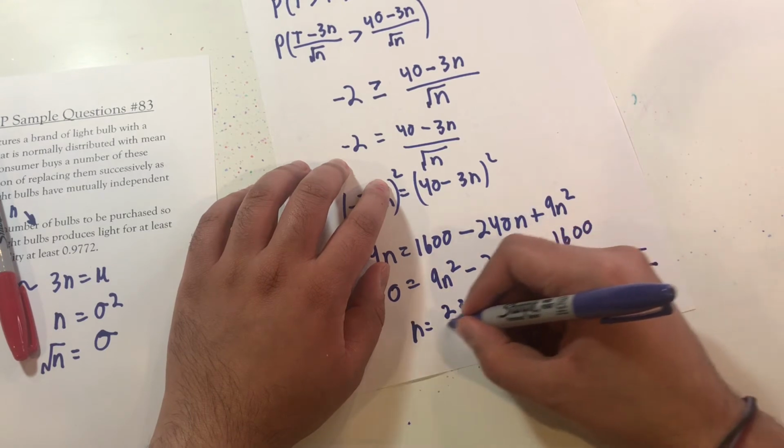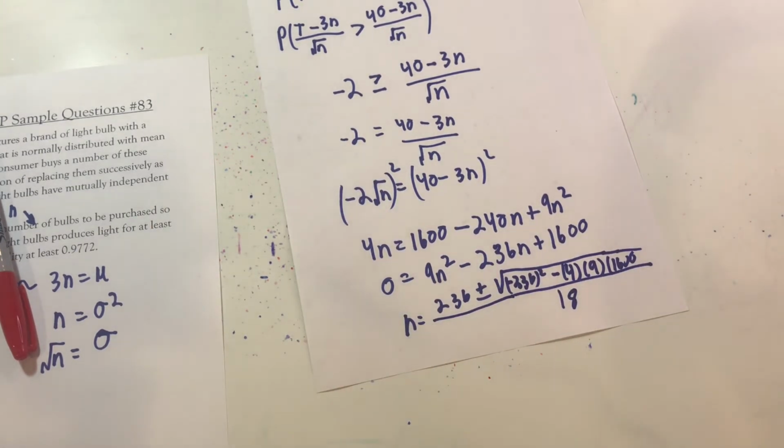All right, so I'm going to put this into my calculator. I am kind of regretting getting rid of that square root, but not too big of a deal. 236, first I'll do plus the square root of negative 236 squared minus 4 times 9 times 1600, over 18.